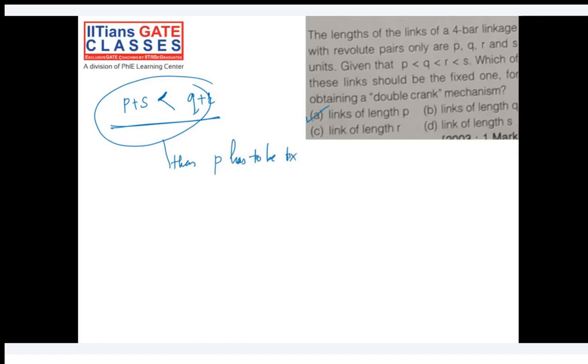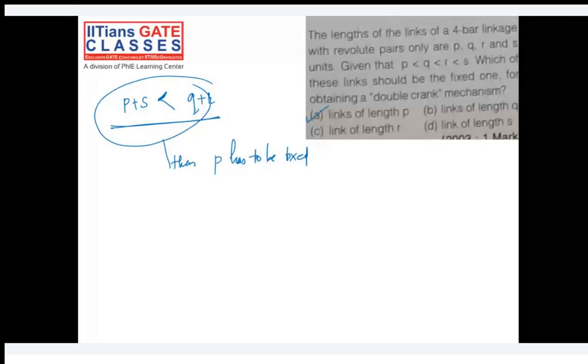Can you tell me which link you have to fix in order to get, let's say, a crank rocker mechanism?